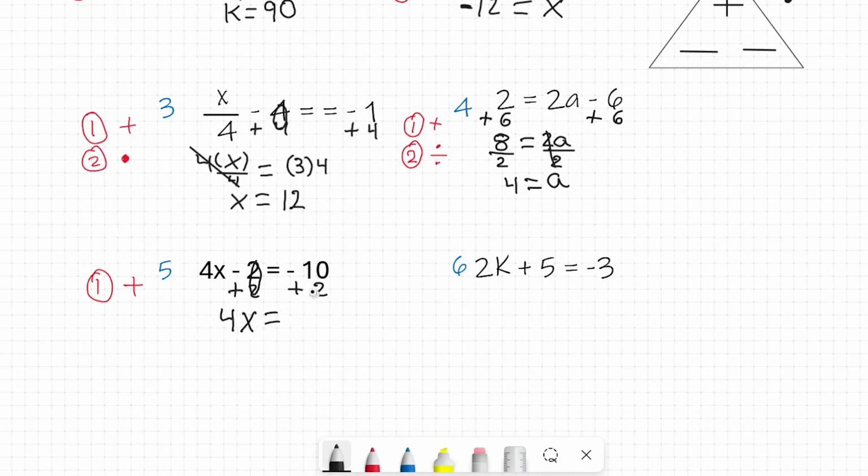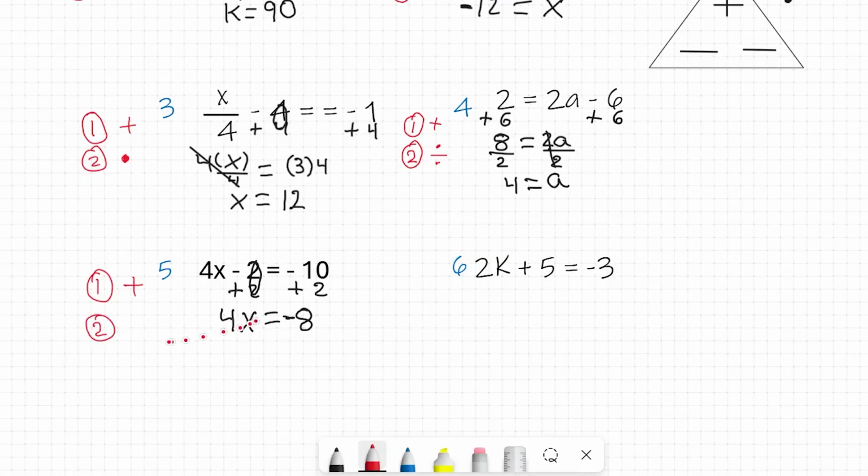All of that equals, can you see that these two numbers have different sign? Subtract, keep the sign of the biggest number, so that is going to be negative 8. And now 4 is next to x. It means that we have multiplication between them. So then that is step number 2.